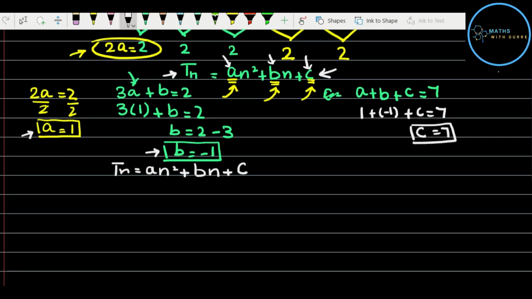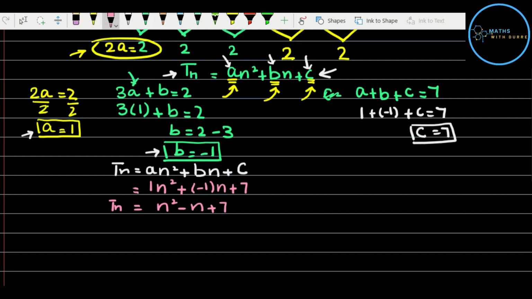Here, a is 1 n square, b is minus 1 n, and c is 7. So n square minus n plus 7.